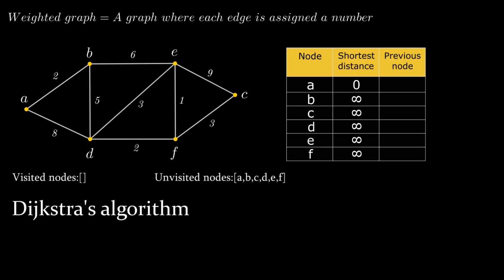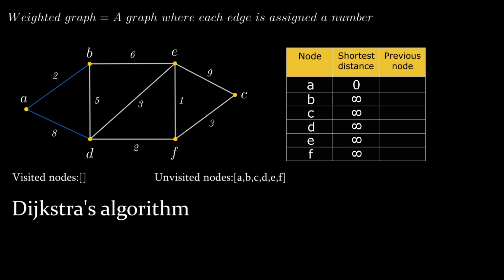Now we can start with the first iteration. Since we start at node A, we start by calculating the distance to all unvisited neighbors of A. All the vertices that are adjacent to A that are unvisited. In other words, the distance from A to B is 2, and the distance from A to D is 8.